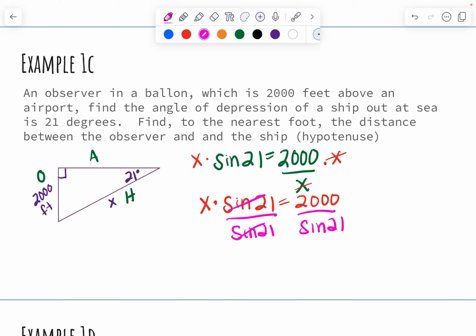On the left side here, the sines cancel. So then x is 2,000 divided by sine 21. Here they're asking us to round to the nearest foot, so we're going to round to the nearest whole number. And that would be 5,581 feet.